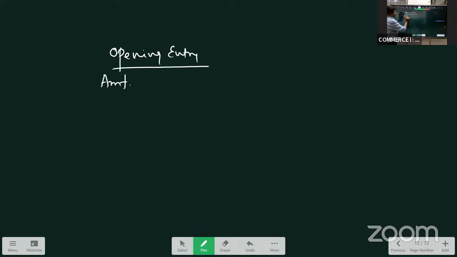Now, this is again very important. Most of the time we'll give this opening entry. How the sentence should be, yesterday I told you a brief on this. It will be either given as amount due to Sudha. Suppose it is like this. Amount due to Sudha.